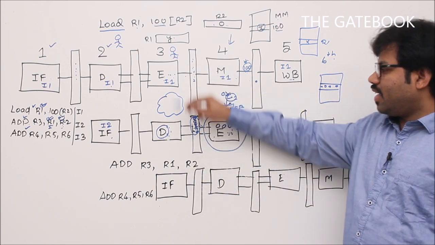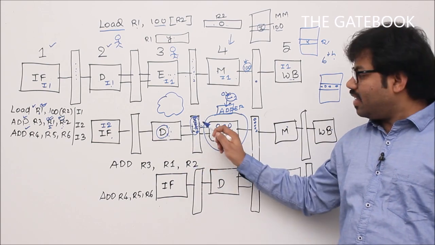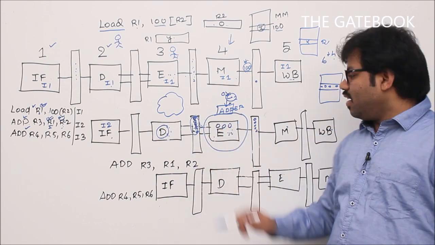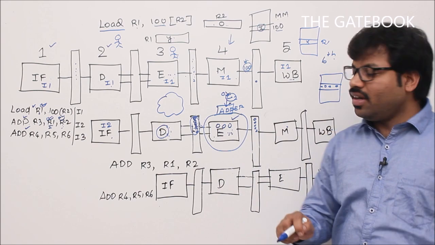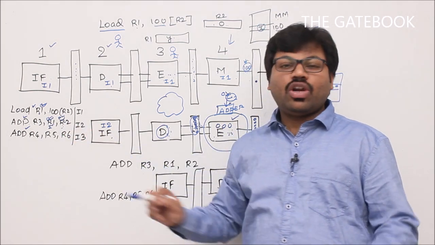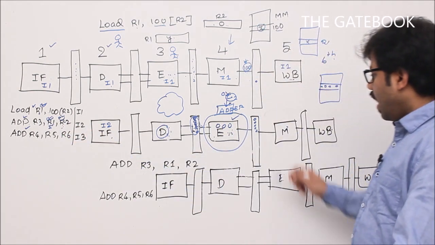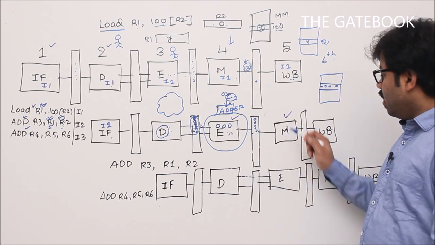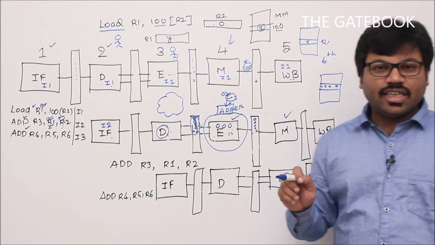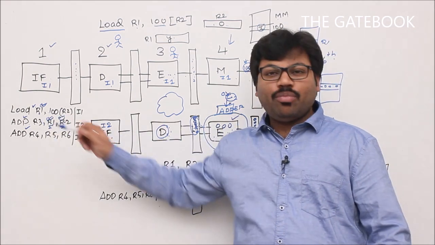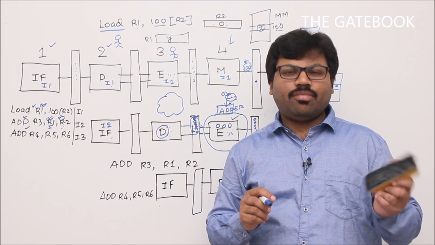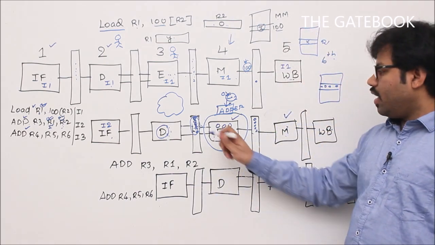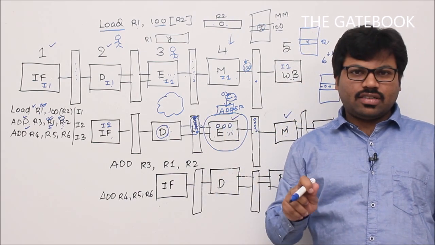In the third clock cycle, if you had sent the proper signals, then proper execution would have been done, so that R1 and R2 would have been added, and the result will be forwarded to memory stage, and then to write back stage, so that R3 would have been properly updated. But that will not be done, because we are sending all dummy control signals.